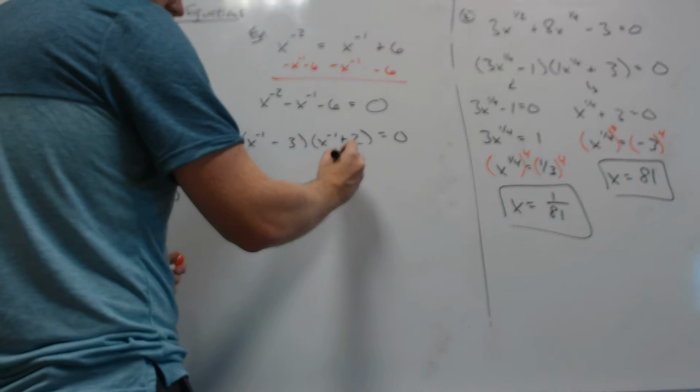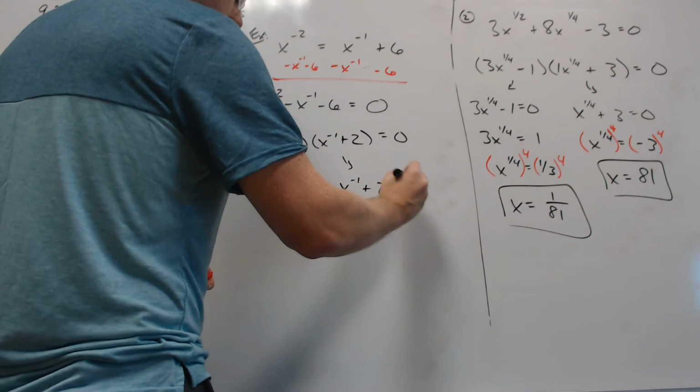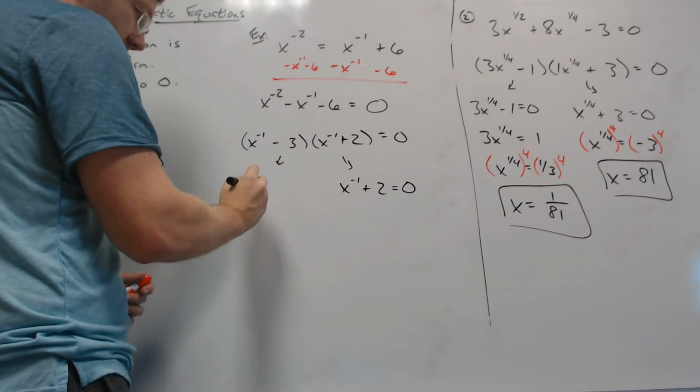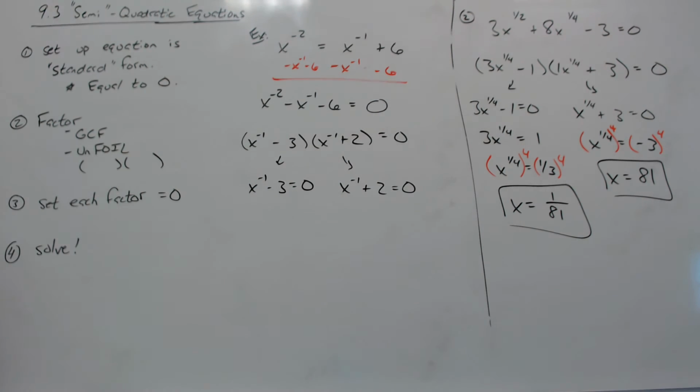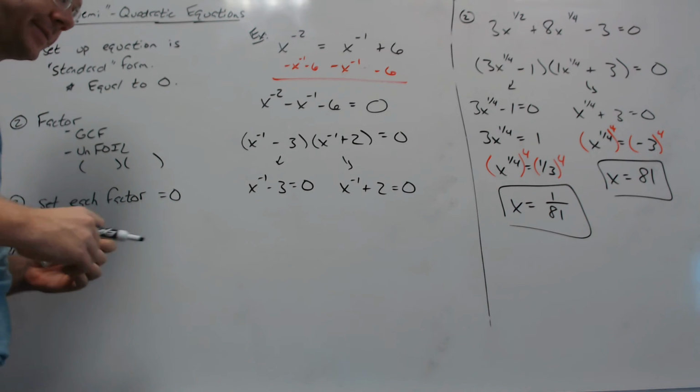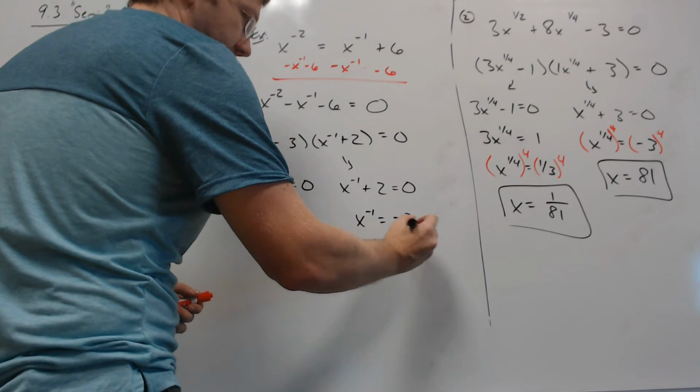So that's going to get us x to the negative 1 plus 2 equals 0. And x to the negative 1 minus 3 equals 0. So x to the negative 1 equals negative 2.